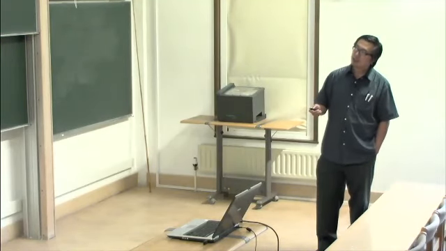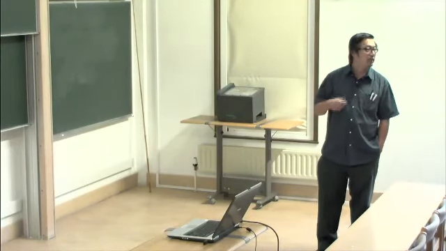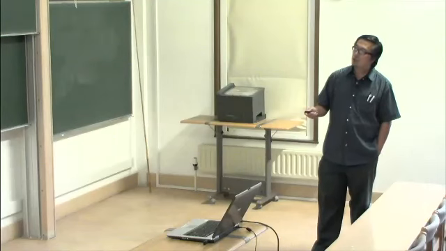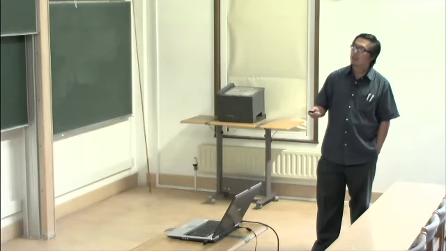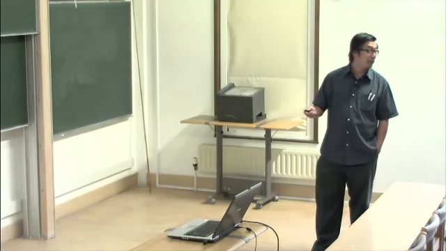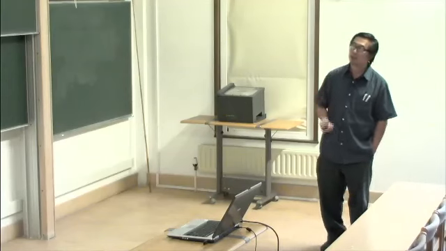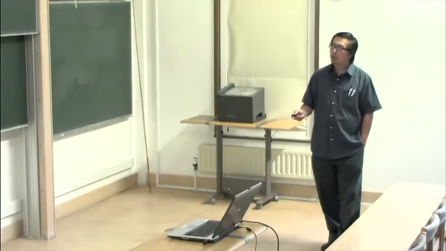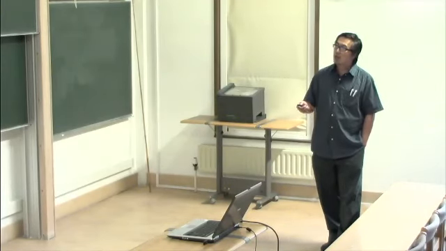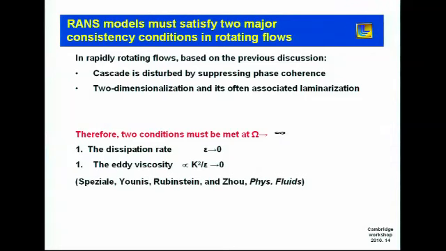One is that the cascade is disturbed and suppressed. The other, as I indicated, is the two-dimensionalization of the problem due to this kind of external effect. So when you develop models for these flows, these are the limiting cases you want to satisfy.